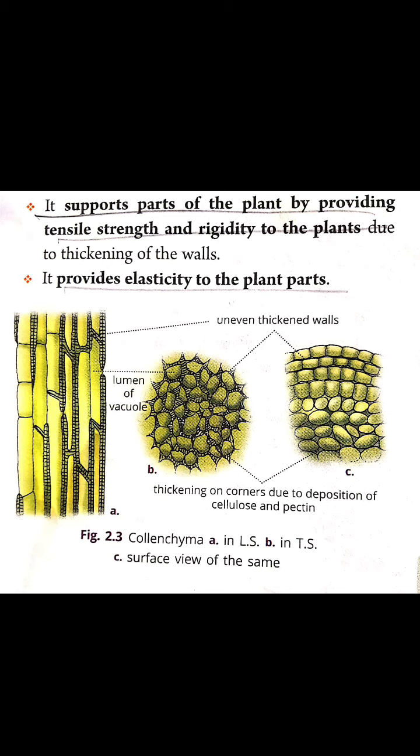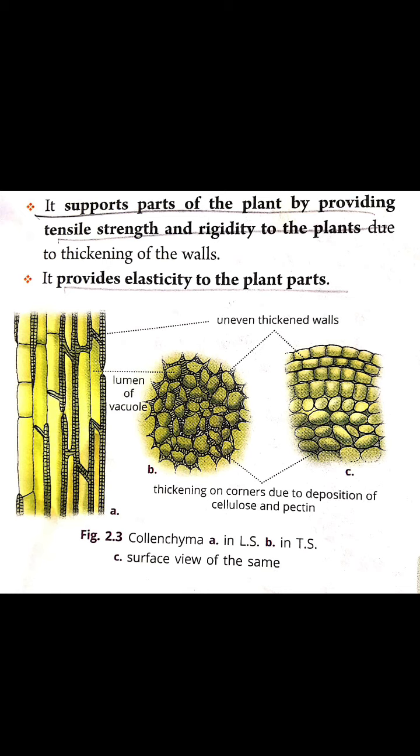Internally each cell possesses a large central vacuole. You can see here also in the figure. Cytoplasm and nucleus are as in the case of parenchymatous cells. It is found beneath the epidermis in the stems and petiole or leaf stalk in the dicot stem. In the dicot stem, it gives support to parts of the plant, providing tensile strength.